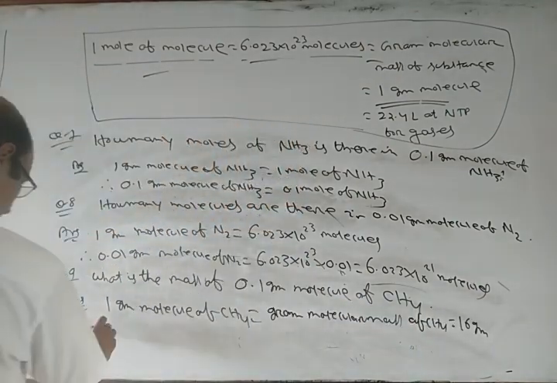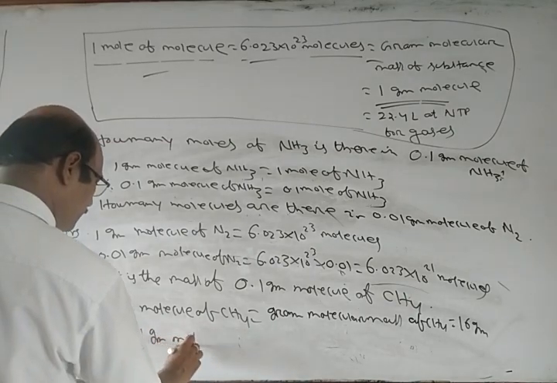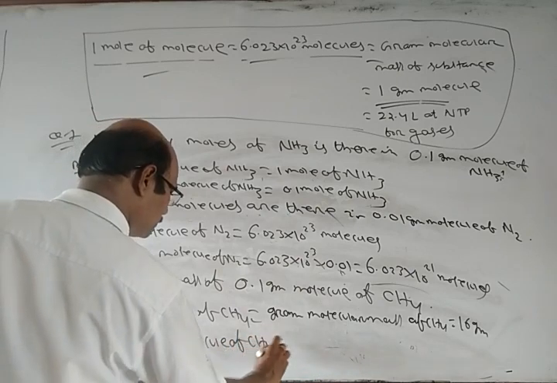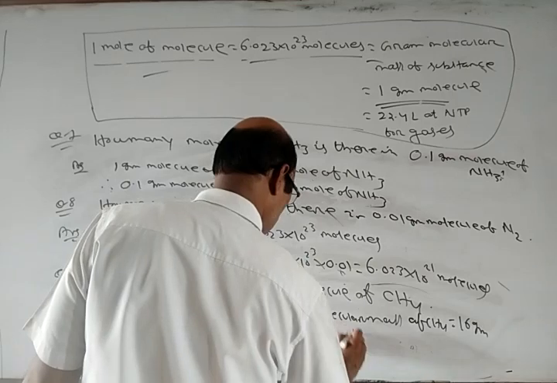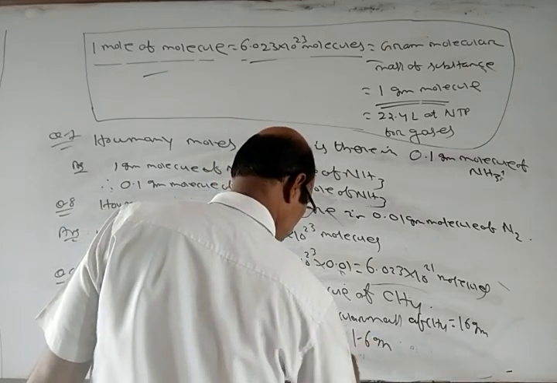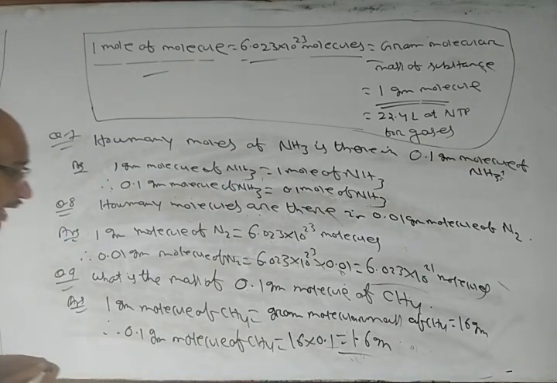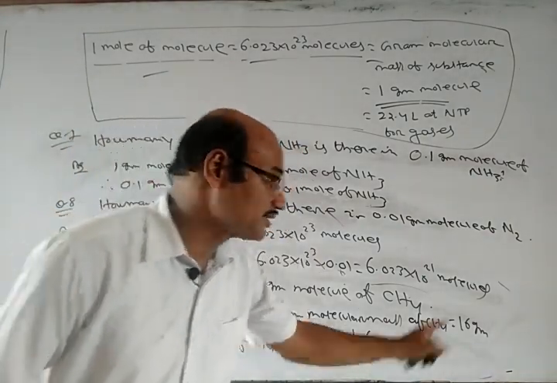Therefore 0.1 gram molecule of methane equals 16 into 0.1, which is 1.6 gram.